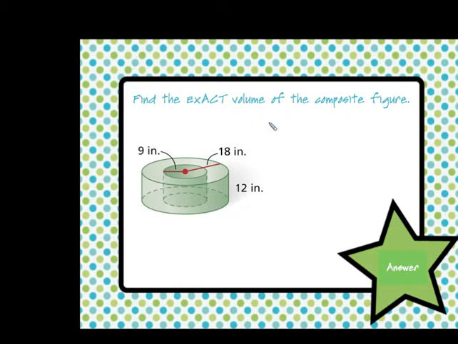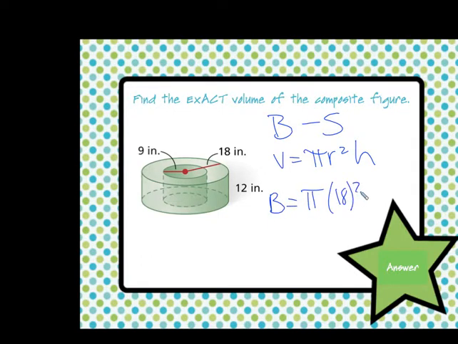So we need the volume of the big cylinder, and because it's a hole cut out like a donut, we subtract the small cylinder. So volume of the cylinder is pi r squared h. So for the big cylinder we get pi 18 squared, the height is 12.